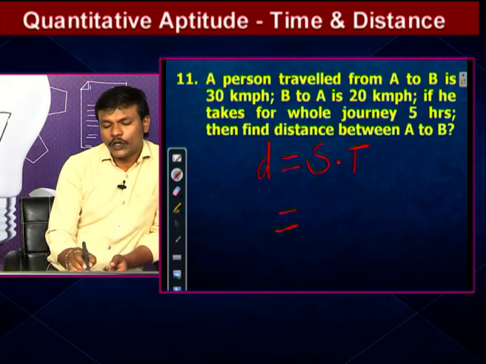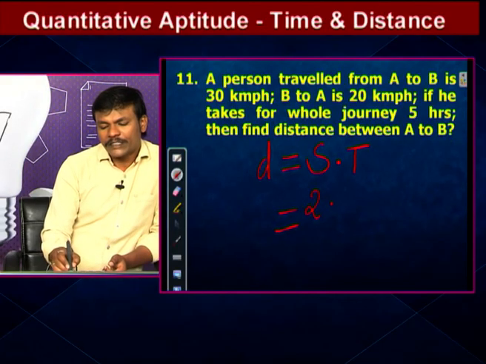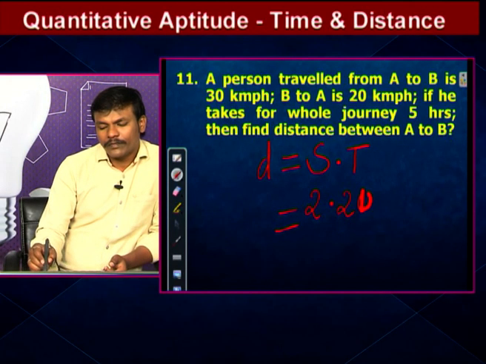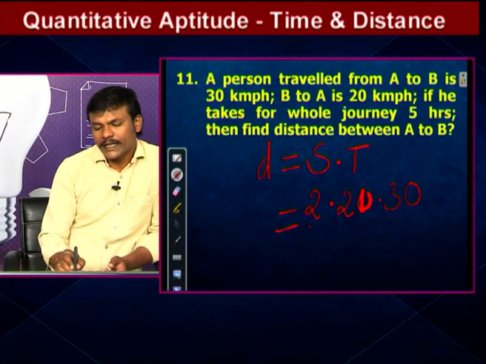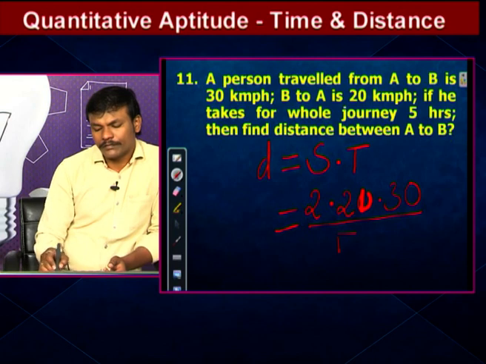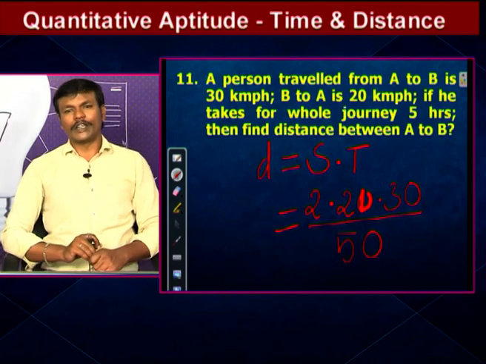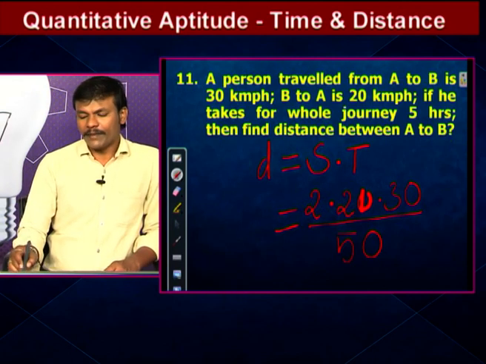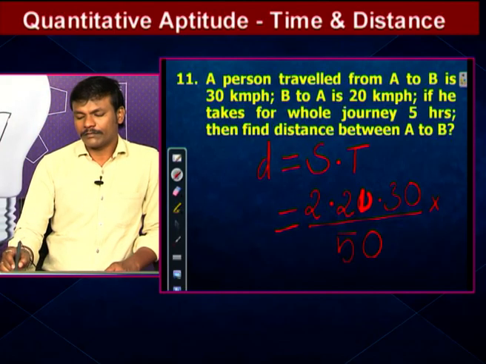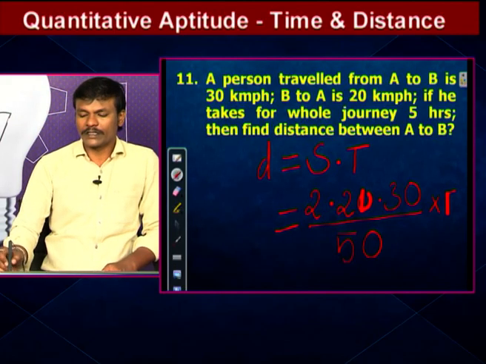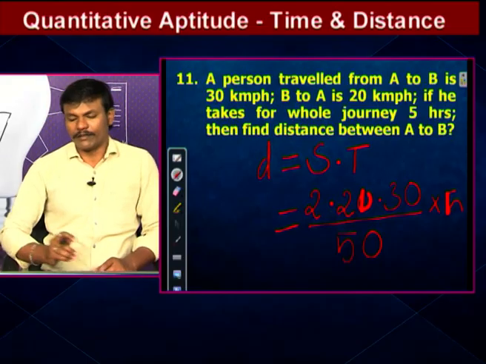Average speed is 2 s1 s2 by s1 plus s2, that is 2 into 20 into 30. The time is simply 5 hours.